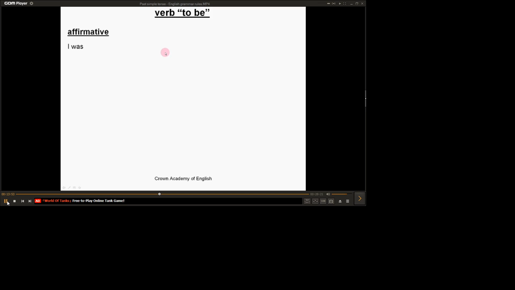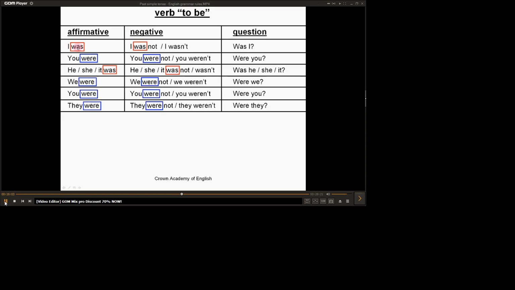Okay, regular verbs, remember, we said did. But for the verb to be, we simply reverse the order of the words. So I was is was I. You were is were you. So we change the order of the words. Was and were. So very, very important. You must learn all of these.